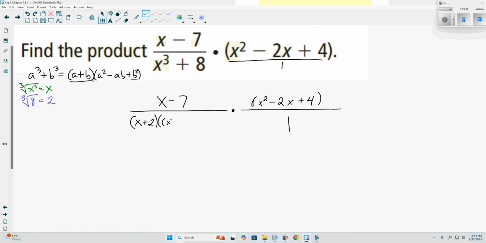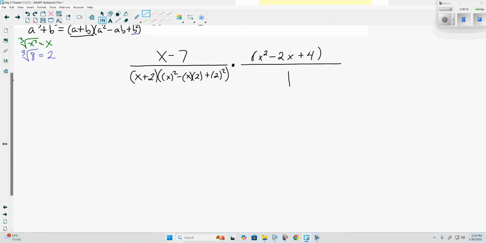Here we'll have our a term being squared, so x squared, minus a times b, plus b squared, which, when we simplify it, is x squared minus 2x plus 4.